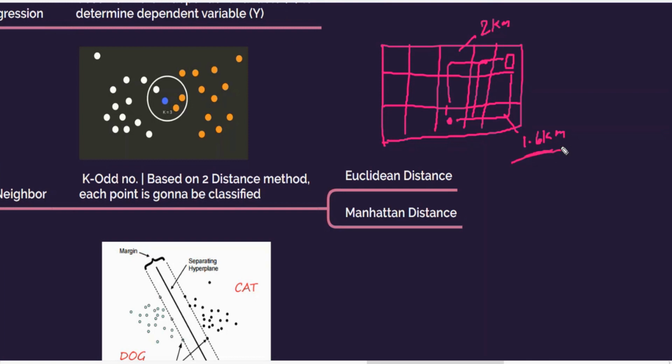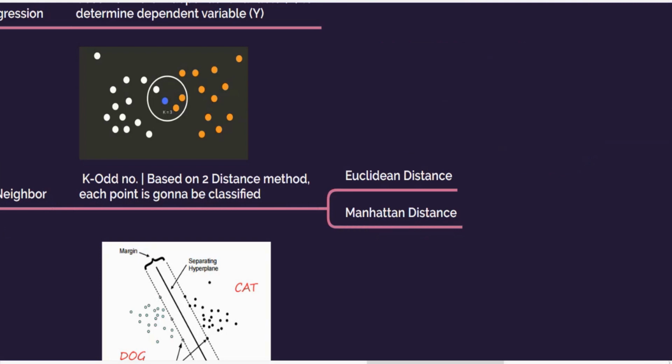Then obviously we will go for the lesser distance. So like this we are coming to a conclusion, right? So this distance method we call the Manhattan distance method. Based on the data points, we will decide whether we have to go for the Euclidean distance or the Manhattan distance.